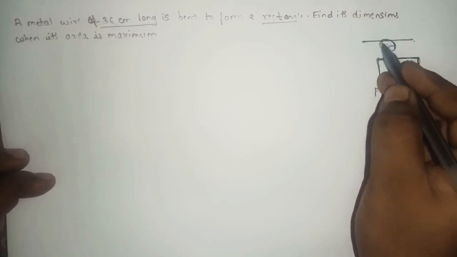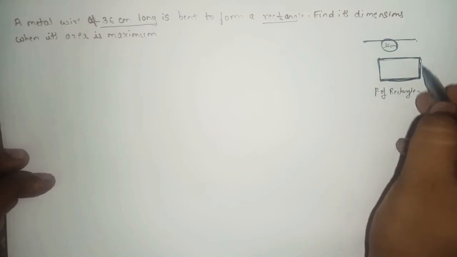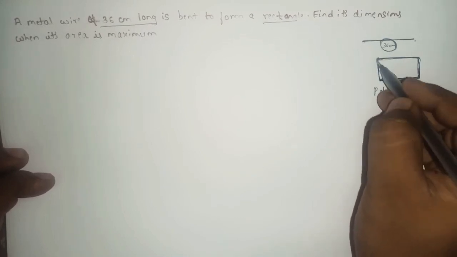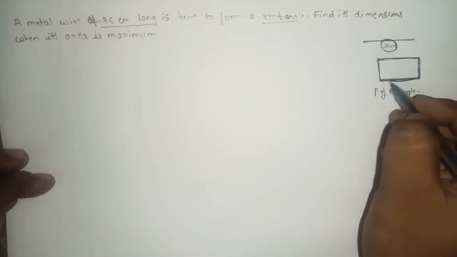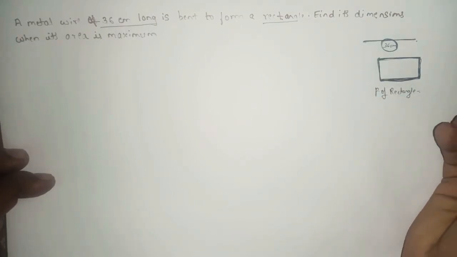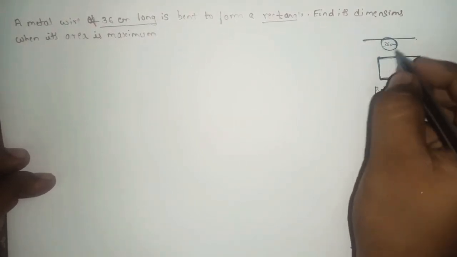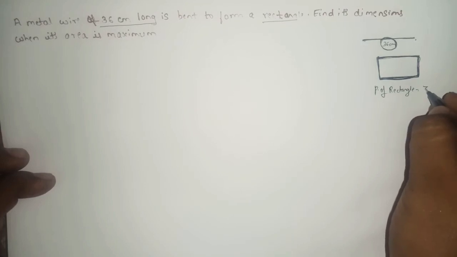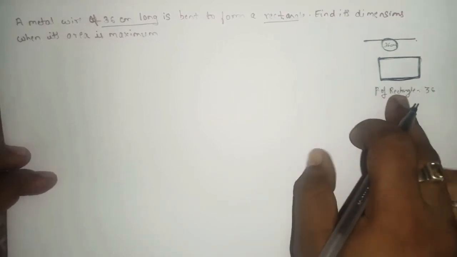It will not be less or more. So indirectly this value is the perimeter of this rectangle.